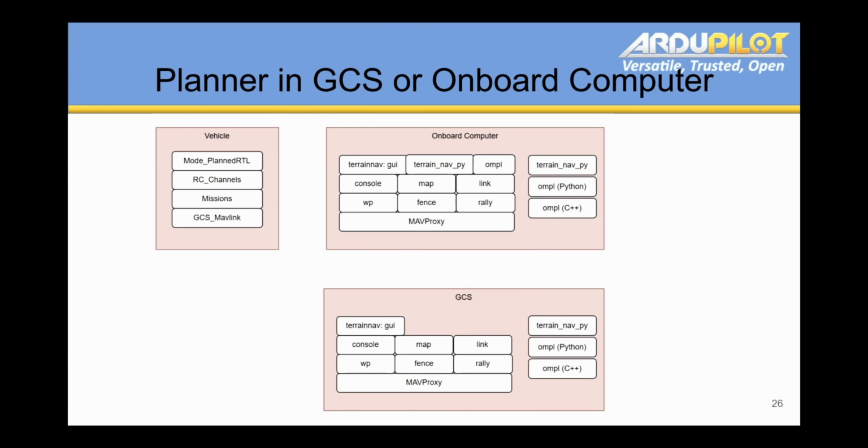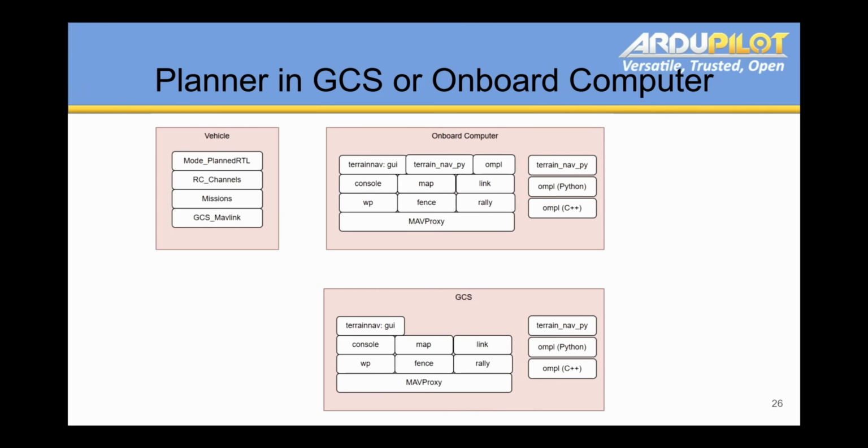The library here, terrain.navpy, is the Python port of the ETHZ path planner. So the entire state space is written in Python, which means it's quite expensive and slow to calculate. But more recently, some of those state spaces have been implemented in C++. So there's a much faster version that we can run, but it's not currently integrated with our work.